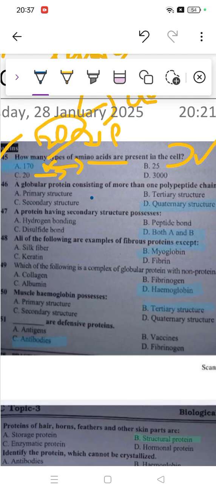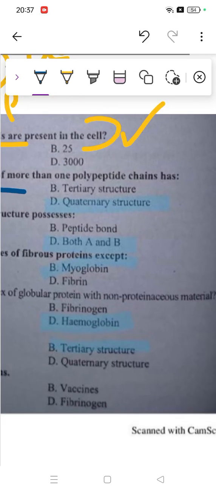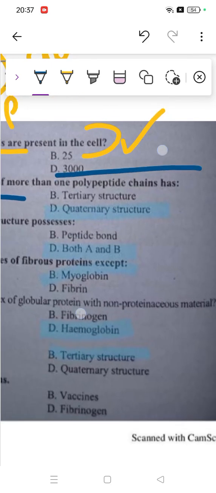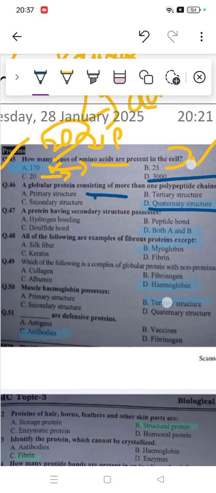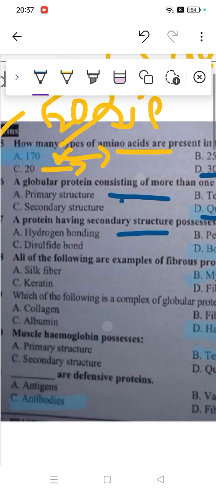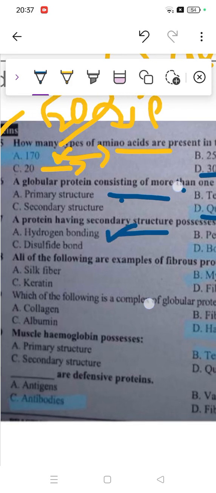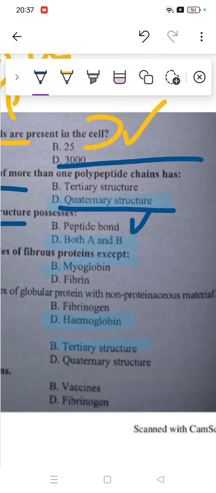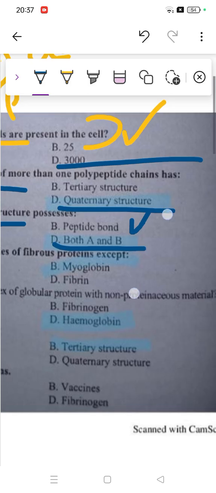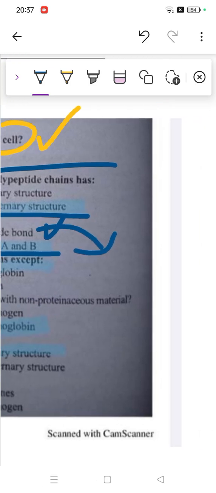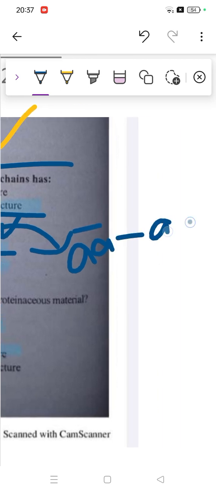Then, a globular protein containing more than one polypeptide chain. Those that have more than one polypeptide chain are called a quaternary structure. A protein having secondary structure possesses, so those that have secondary structure have hydrogen bonding and peptide bonds. However, D is the right option. A peptide bond is the bond present between one amino acid and the second amino acid combining.